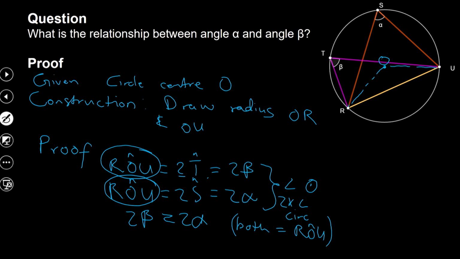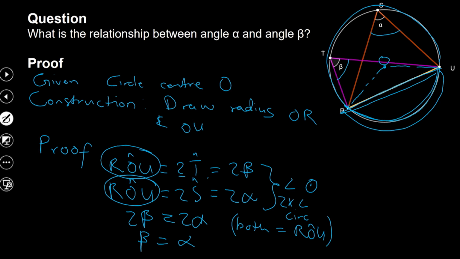And then you know that beta will be equal to alpha. So what does this mean? Remember I said that this is the same segment, and that's another segment that I have there. So it means that angles in the same segment, subtended by the same chord or subtended by the same arc, are equal to each other.